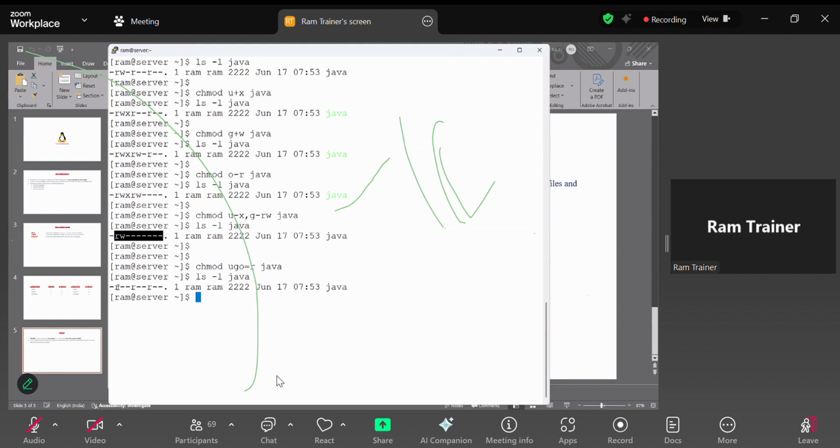So now everyone will get read only permissions of the Java file. Even if everyone gets read and write, then read and write only of the Java file. So we have only three operators: plus, minus, and equal. Plus means adding, minus means to remove, equal means to override.